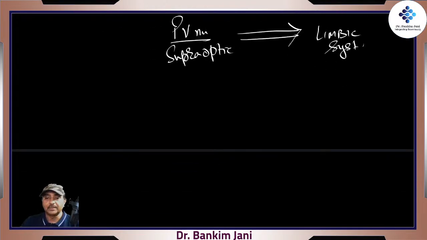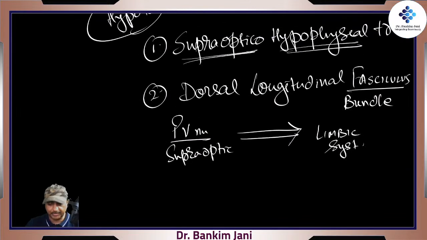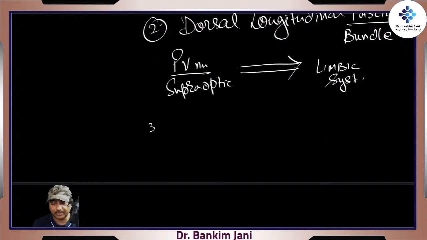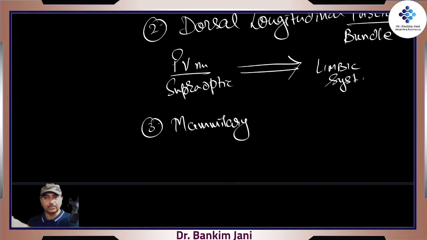The third, which is more prominent and which we have already talked about, is the Papez circuit, and it is called the mammillary, and it will go to the thalamus.